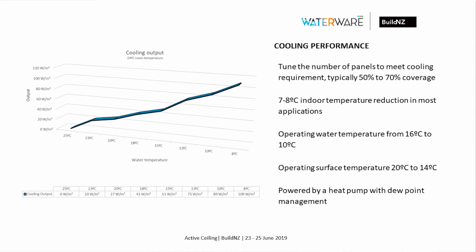If you're sending water at close to dew point, you've always got a little bit of tolerance built into the panel. So these systems are always powered by a heat pump. If you're doing a cooling system, then you have to have a heat pump. Obviously, you can't cool with a gas boiler. If you're doing heating only, then yes, you can connect it to a gas or diesel boiler, no problem. But if you're doing both cooling and heating, it has to be an air-to-water heat pump, and it has to have dew point management built in to avoid condensation.